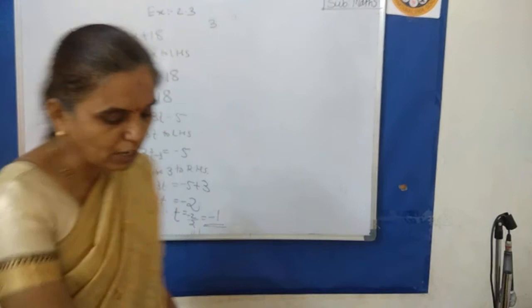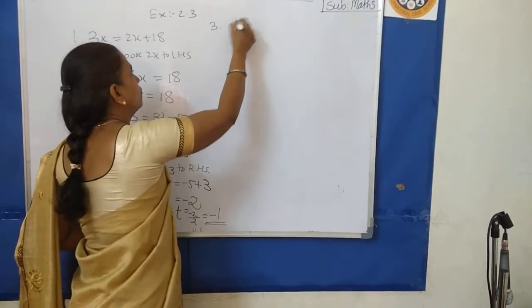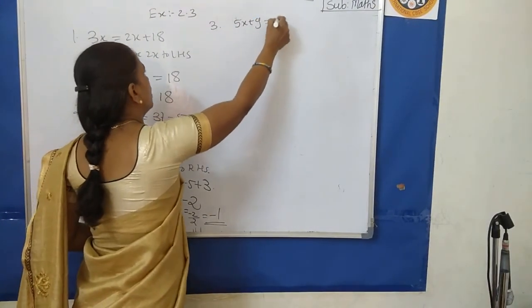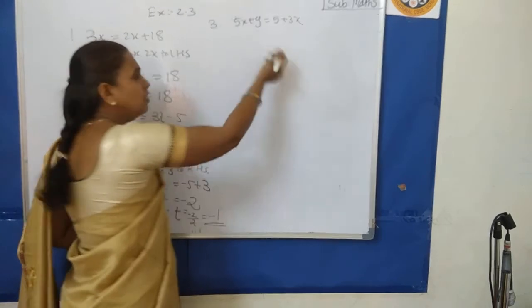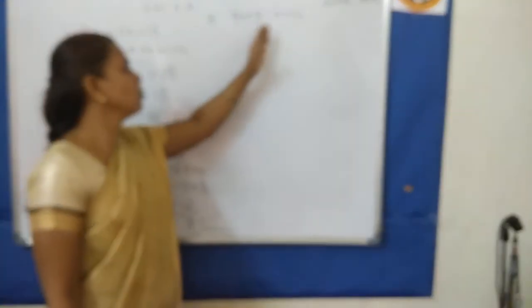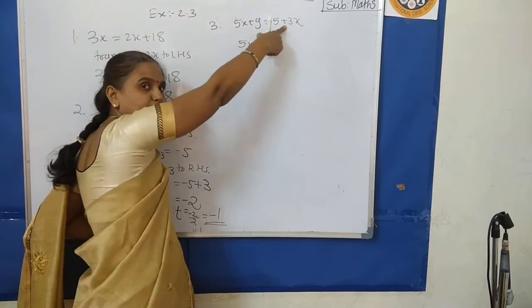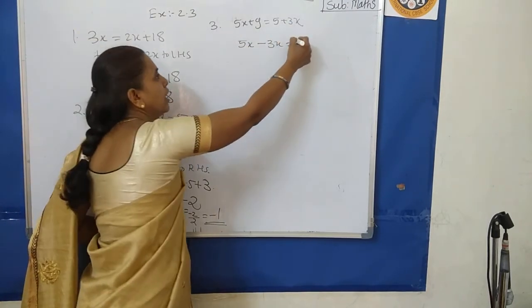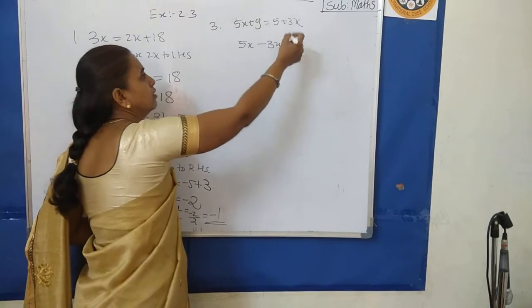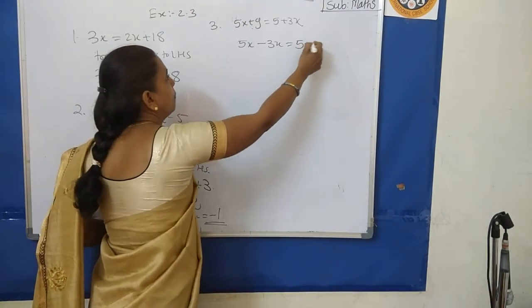Now number 3, let us see. 5x plus 9 is equal to 5 plus 3x. Now directly we should write here. Transpose this 3x towards the left. 5x minus 3x. Here it is plus, it will become minus here. And now 5 and here minus 9.